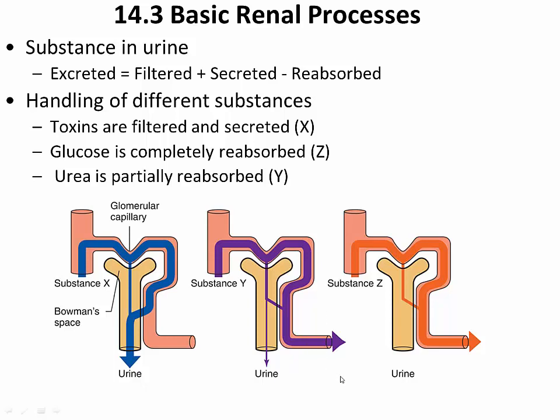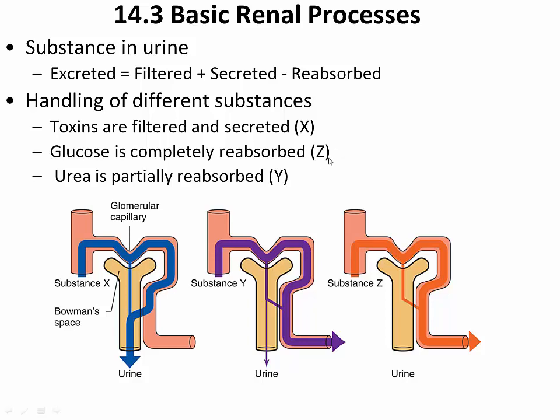As we mentioned previously, glucose is nearly completely reabsorbed. And so we see substance Z here representing glucose. Some glucose is filtered, but all that glucose in this particular case is transported back into the blood. So in normal circumstances, although there are exceptions that we'll talk about in different pathologies, all the glucose is making its way back into the blood and none is lost.